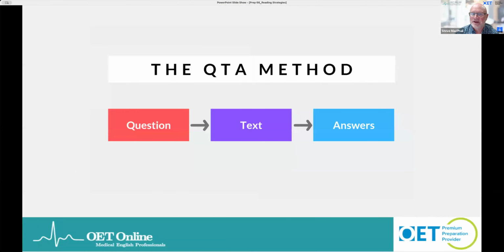The other thing that I recommend is that you apply the QTA method. Read the question stem, then read the text, then look at your answer choices and rule in and rule out, right? This is particularly good for part C. For part B, if the answers are short, you may decide to look at the answer choices as well.